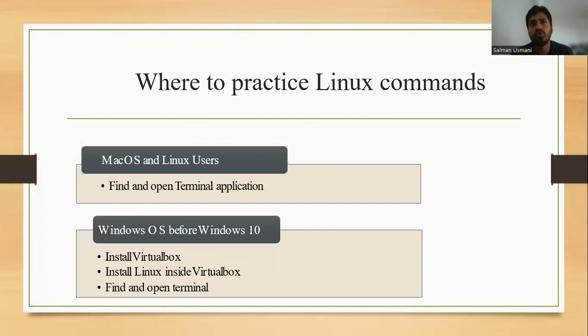So they were forced to provide a module where you could have a subsystem for Linux in your Windows. They were forced to do that, and they gave this option only in 2017. So it's a new thing, around 4 years. Before that, you could not use Linux in Windows. You had to go through the virtual machine route. But now it has been talked about on a lot of platforms, so they were forced to do that.